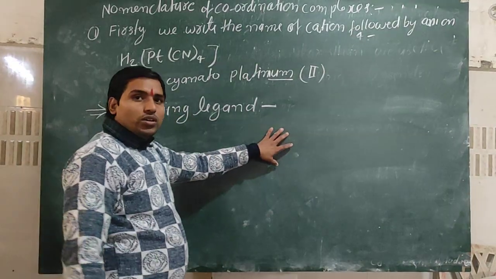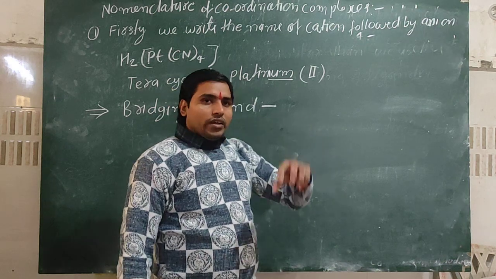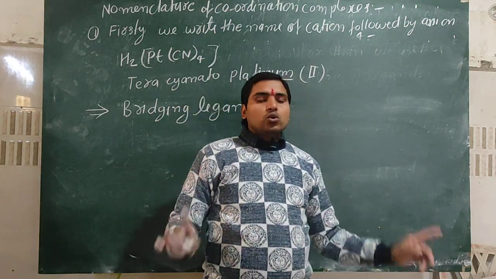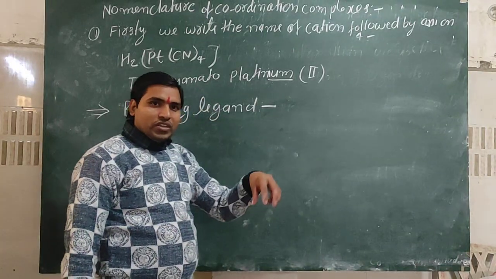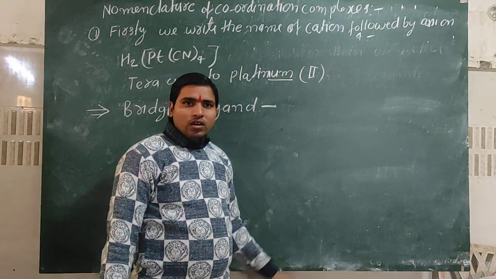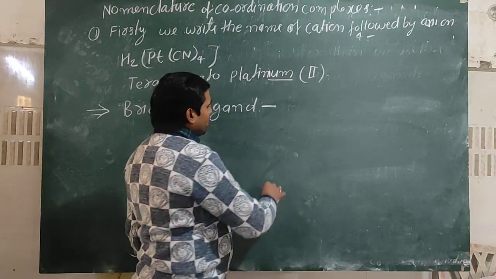Bridging ligands are those in which a ligand is directly bonded with two central metal atoms. If any ligand is present in between two central metal atoms, then this ligand is known as a bridging ligand.